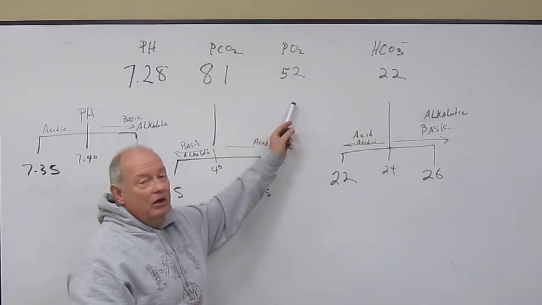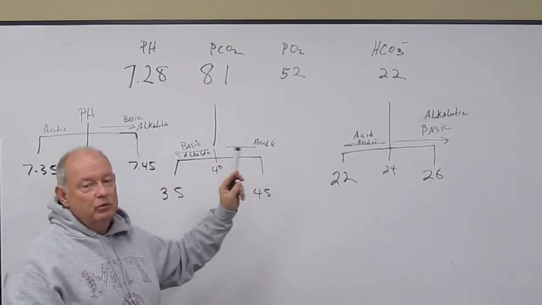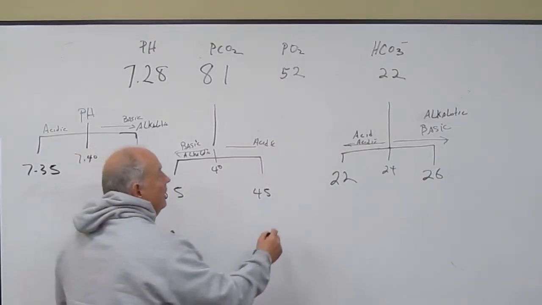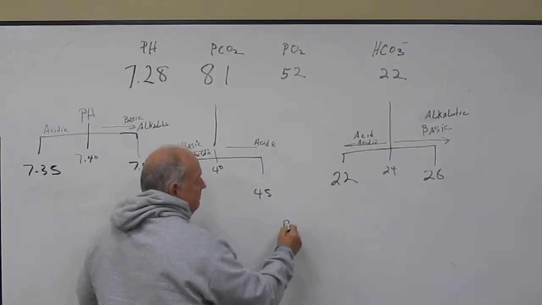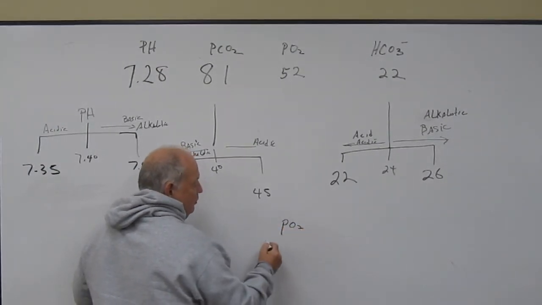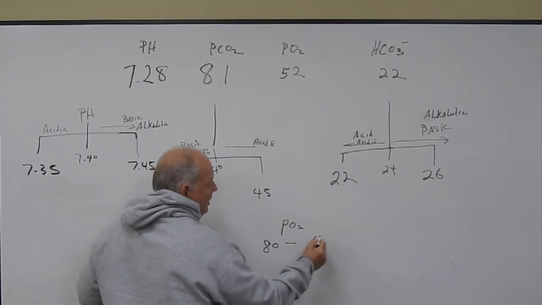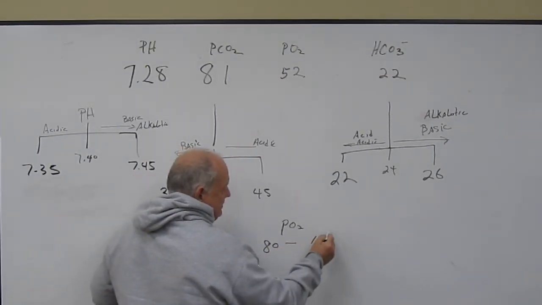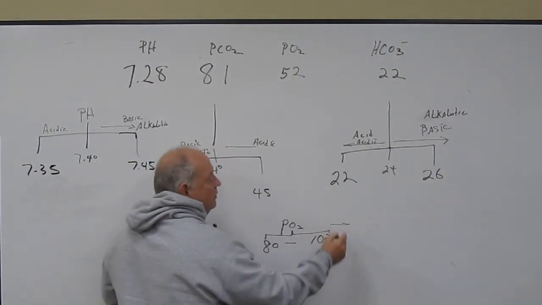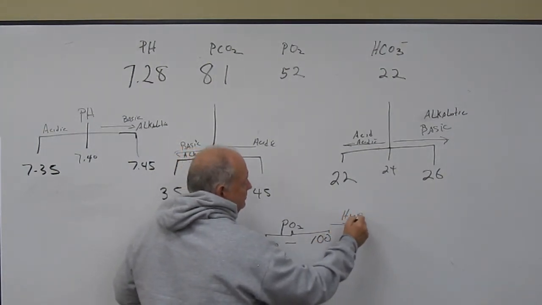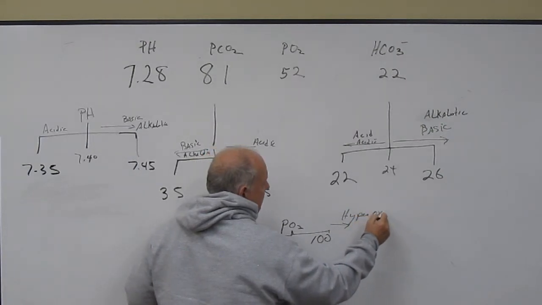Here we have PO2. Let's talk about PO2 really quickly. We have a condition of normalcy, which is a PO2 between 80 and 100. If we're greater than 100, we are going to be hyperoxygenated.